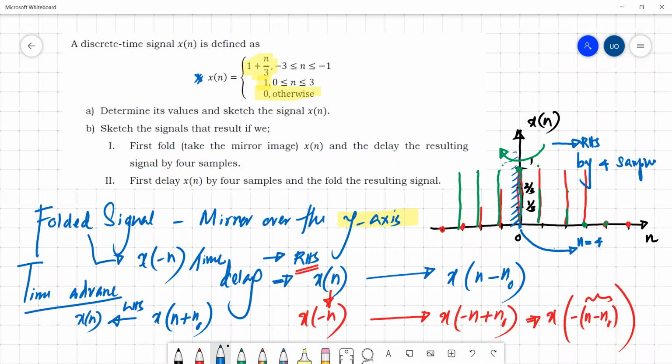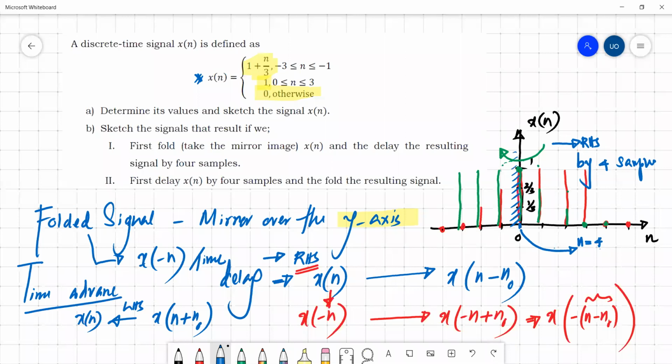So we can push it to the right hand side by 4 samples. So the sample at 0 point is simply moved to n equals 4. Then the sample at -1 is moved to n equals 3. So likewise, you can simply shift this discrete sequence by 4 units to the right hand side, which is the delayed version of the signal.